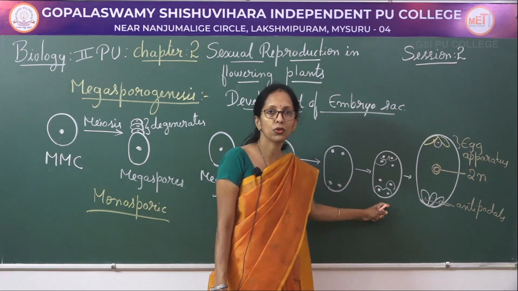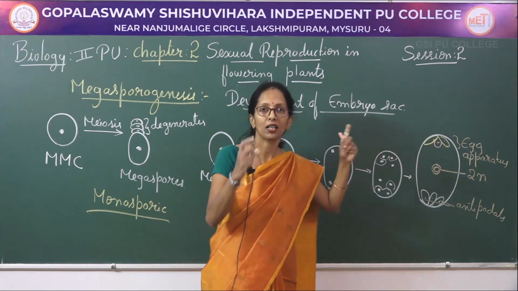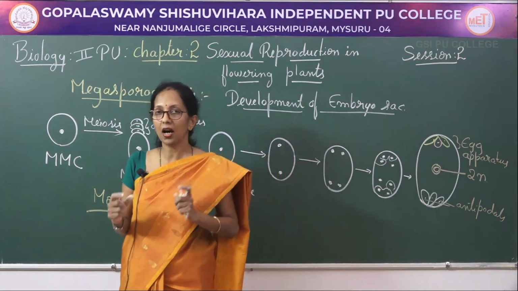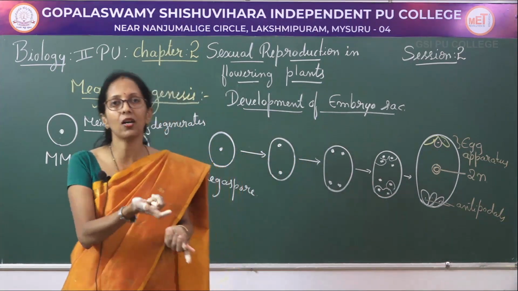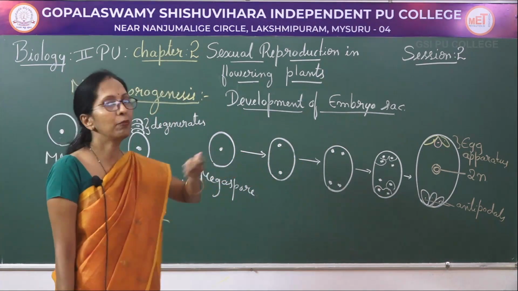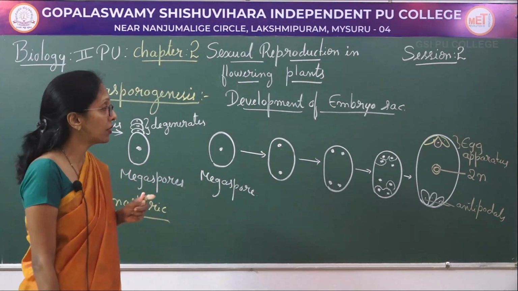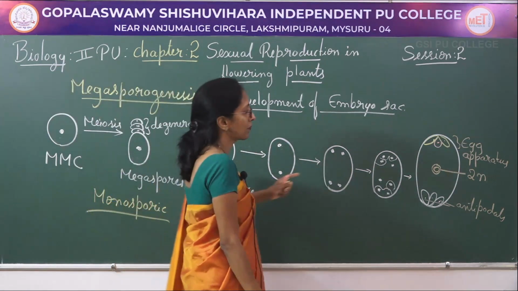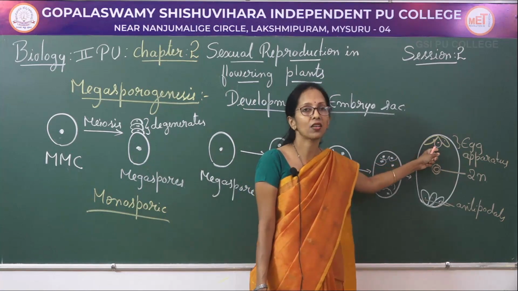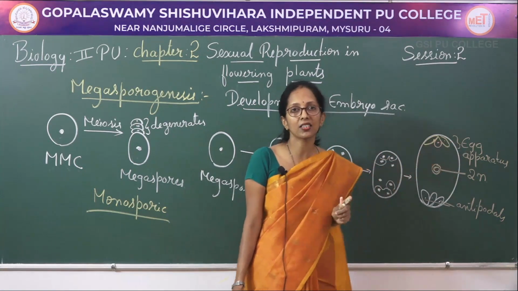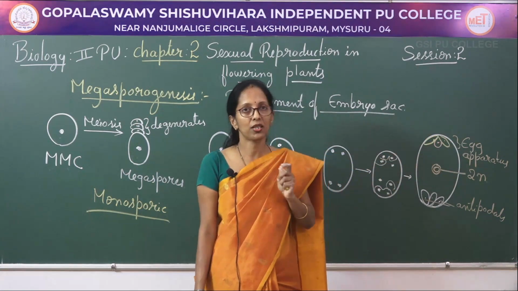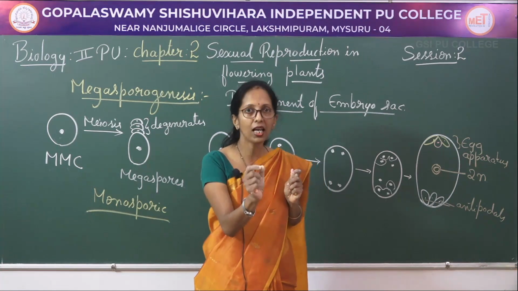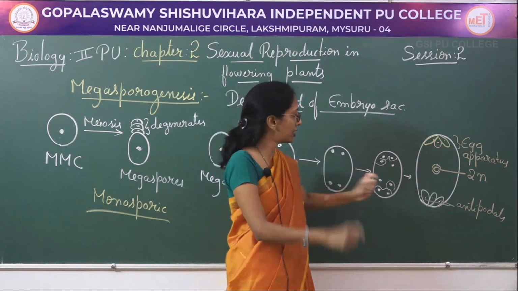This megaspore now undergoes sequential mitotic free nuclear division, which results in the formation of upper 4 and basal 4 nuclei. These 8 nuclei finally organize into the embryo sac. The embryo sac contains upper 3 cells, which are said to be the egg apparatus, consisting of only 1 egg cell and 2 synergids.